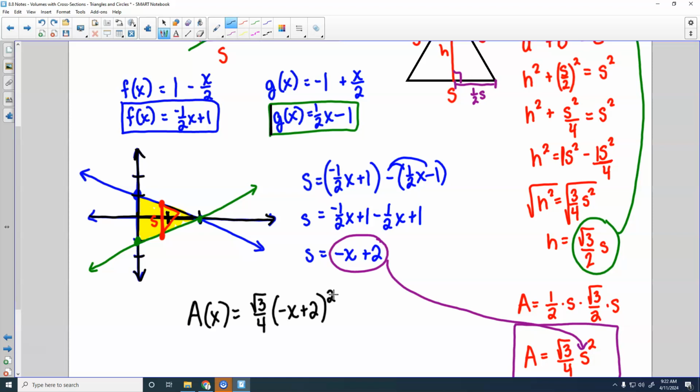So you don't have to draw the graph. The graph helps me a lot on these, especially if it's one I know how to graph, like this one. All right, so we're almost there. Once you get to this point, you've come a long way. Now you just need to integrate, because this is the area of a single triangle. To add them all together, you just have to integrate.